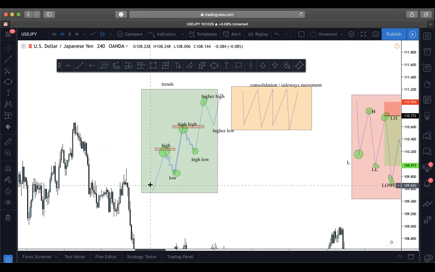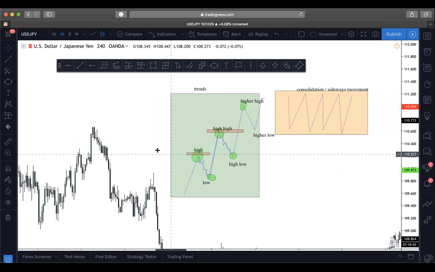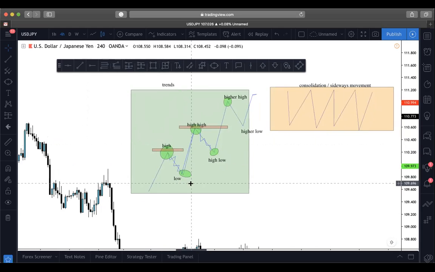Now, this might just look like a few candles coming up and then a pullback, right? But because you're on a daily time frame, one candle is a day of movement. If you drop down to the 1 hour time frame, one daily candle would be 24 one-hour candles, right?